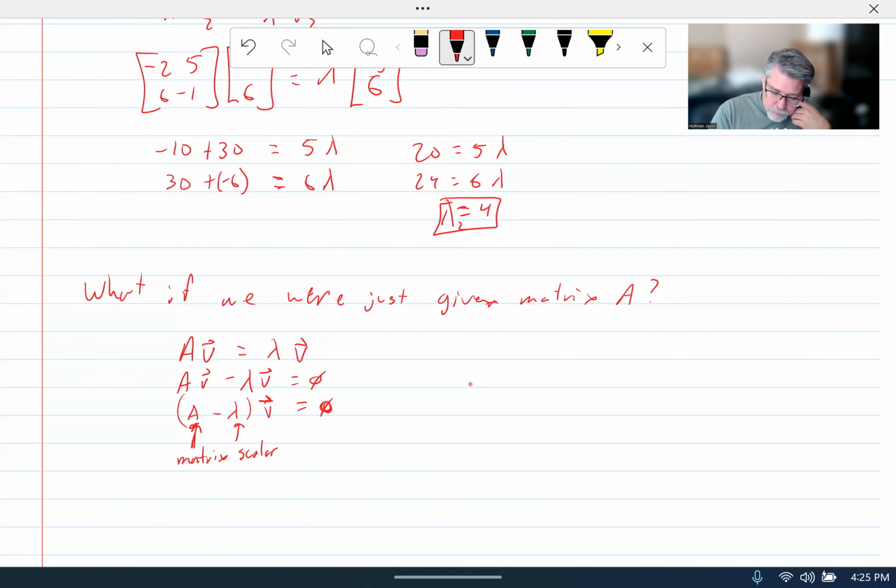I'm going to multiply lambda by the identity I_n. We multiply by I_n, and that will turn those scalar values into an identity matrix that just has lambdas along the diagonals and zeros everywhere else.